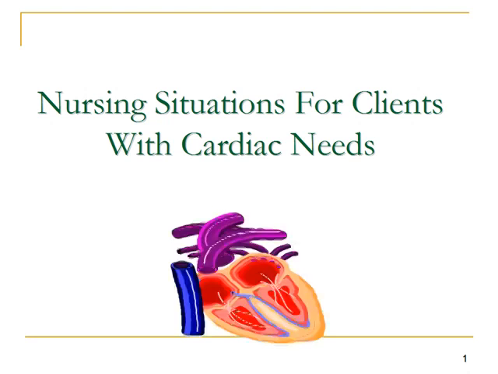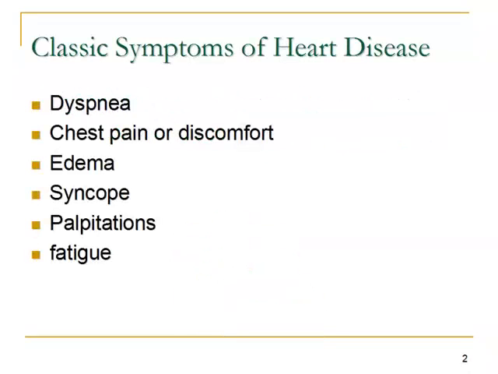The classic symptoms that are seen with heart disease include dyspnea, chest pain or discomfort, edema, syncope, palpitations, and fatigue. Heart disease is more common in men than women until women get to be of postmenopausal age, and then those statistics start to even out a little bit more.